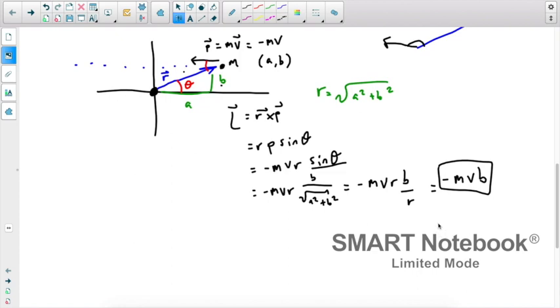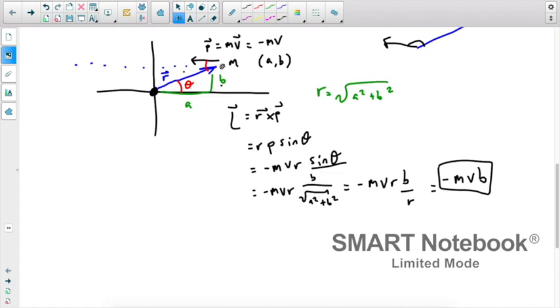And this is really interesting because as my particle is zooming along here at a constant velocity, there are no net external forces acting on it. So what's true about angular momentum and any momentum? If there are no external forces acting on your particle, it's conserved.